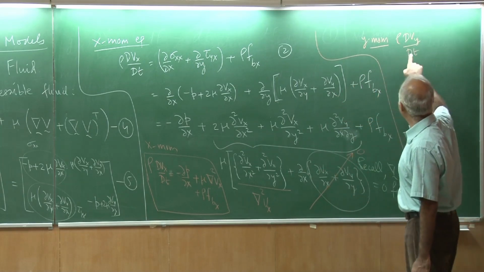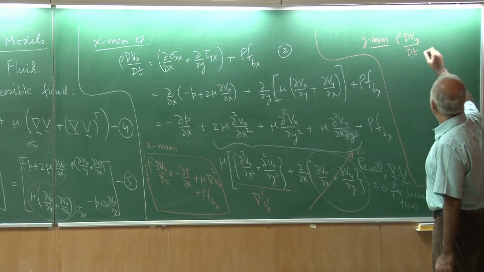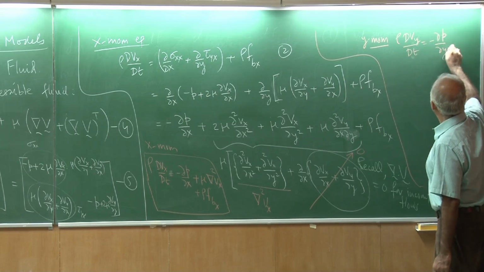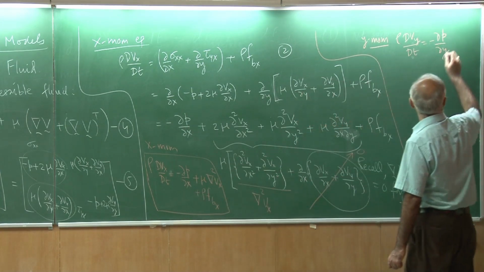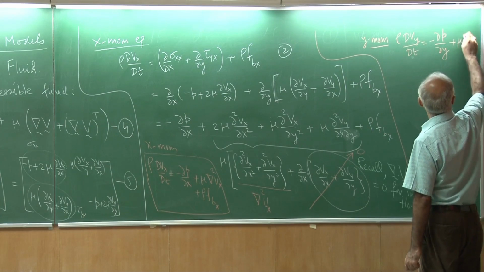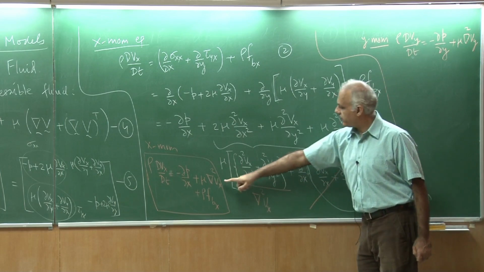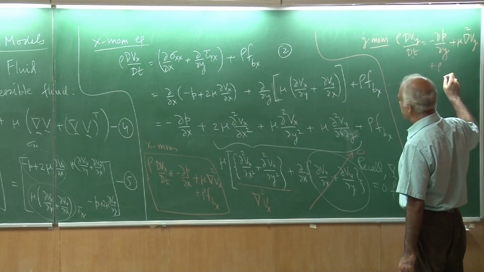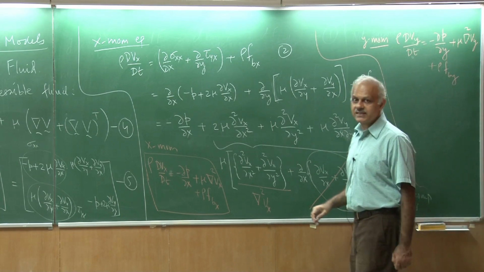So this is the total derivative of the y velocity, and this would be minus del p del y, just like I had del p del x here, plus a term mu times Laplacian of Vy plus a term rho f b, but this time in the y direction.